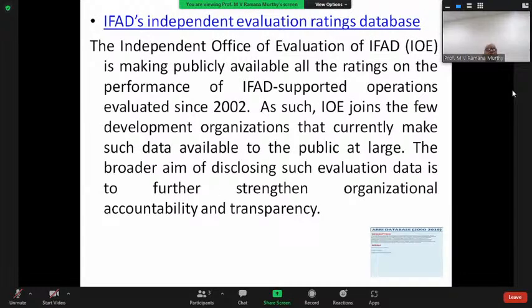Now, IFAD's Independent Office of Evaluation, IOE, is making publicly available the ratings and the performance of the supported operations. IOE joins a few development organizations that currently make such data available to the public at large. The broader aim of disclosing such evaluation data is to further strengthen organizations' accountability and transparency.